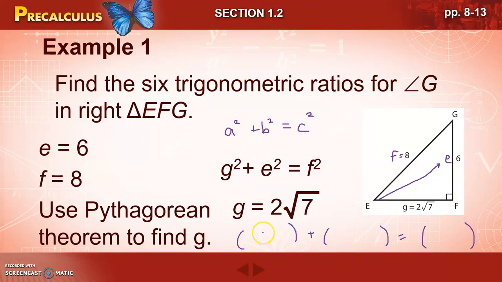We're told that E is 6 and that F is 8. Using our Pythagorean theorem, we're trying to solve for G. We know that 6 squared is 36 and 8 squared is 64. And when we conduct the algebra on that and simplify, we find that G is 2 square root of 7. Sorry for any confusion there.